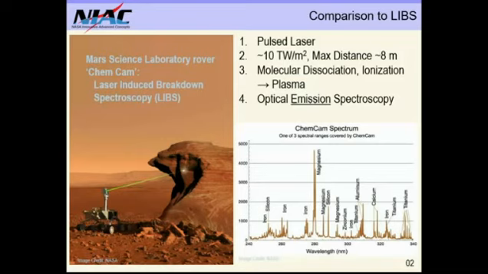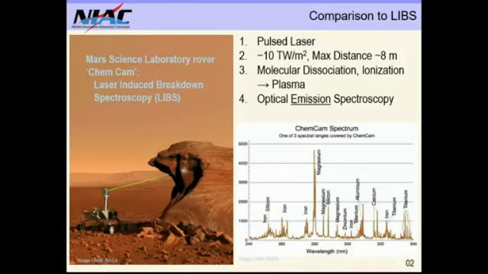LIBS, laser-induced breakdown spectroscopy, is currently equipped on the Mars Science Laboratory rover, the ChemCam. The depiction here is that a laser is pointed at the target, and that laser is about 10 terawatts per square meter, sufficient to dissociate molecules and ionize atoms, and that ionization then would produce characteristic emission.